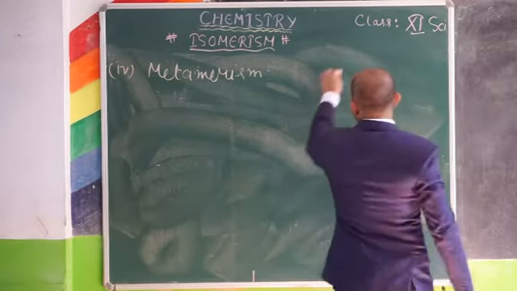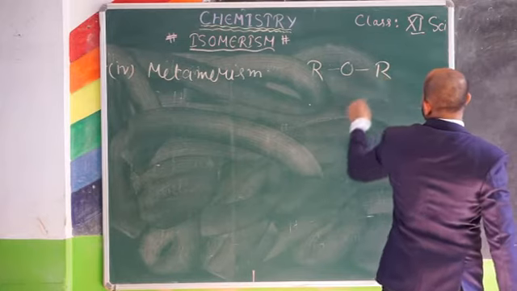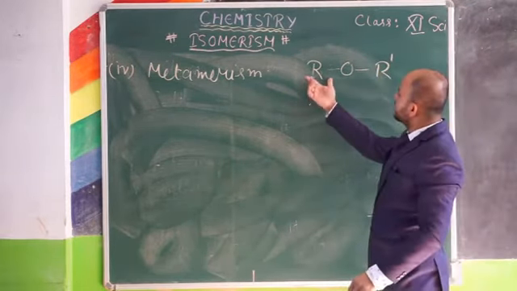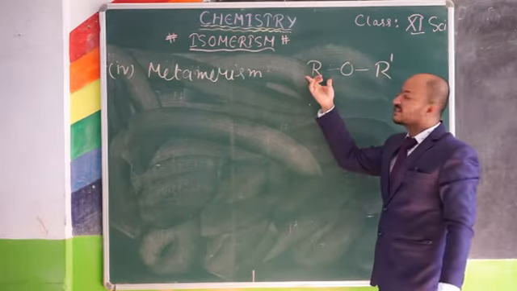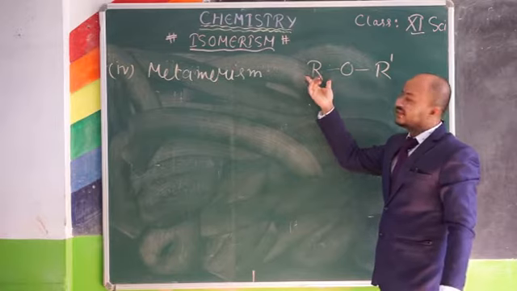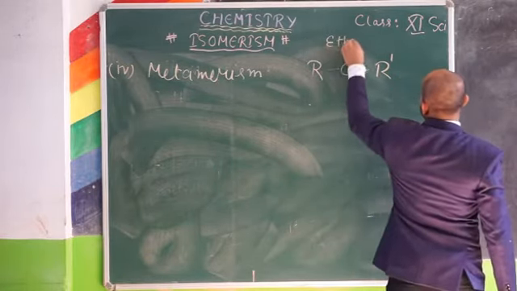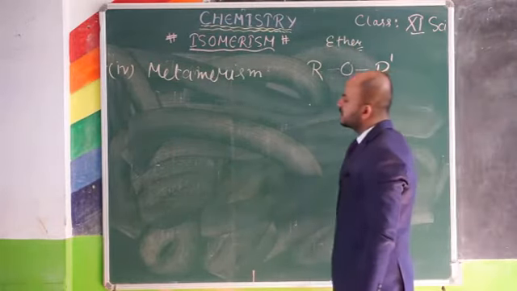You have such compounds where you have R and R. Here there is a difference in the number of carbons attached to the alkyl groups. This is ether, just now we saw the example of ether. Now this metamerism is mostly found in compounds of ether.